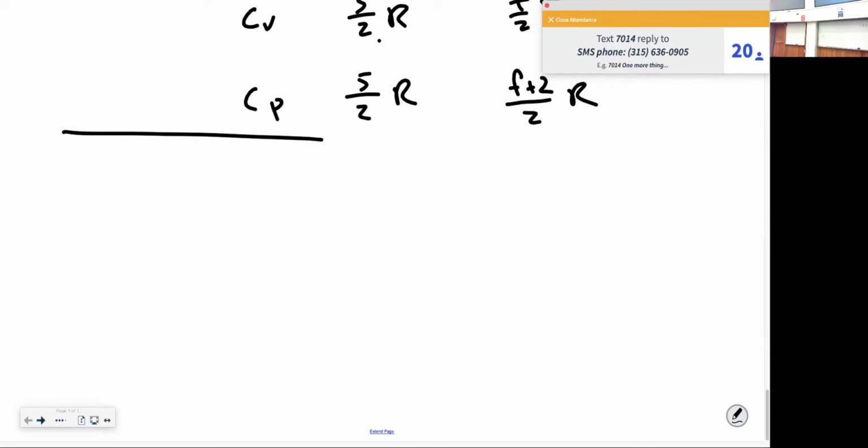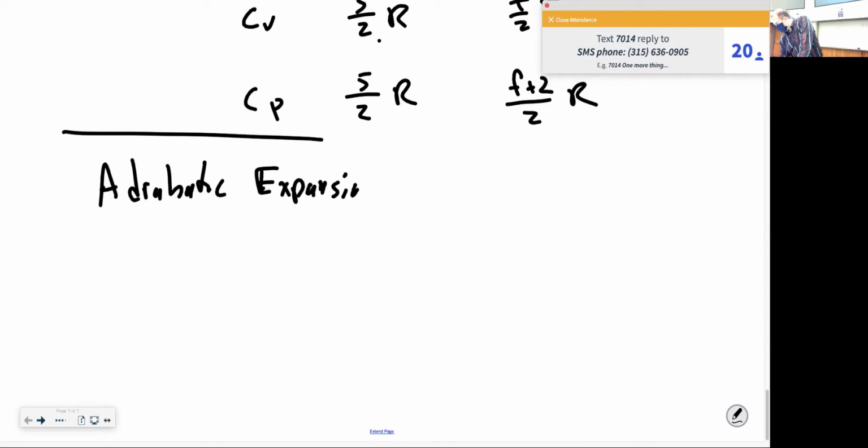You might remember that the definition of an adiabatic expansion is one where no heat is added. It's all work and no heat. Q equals 0.